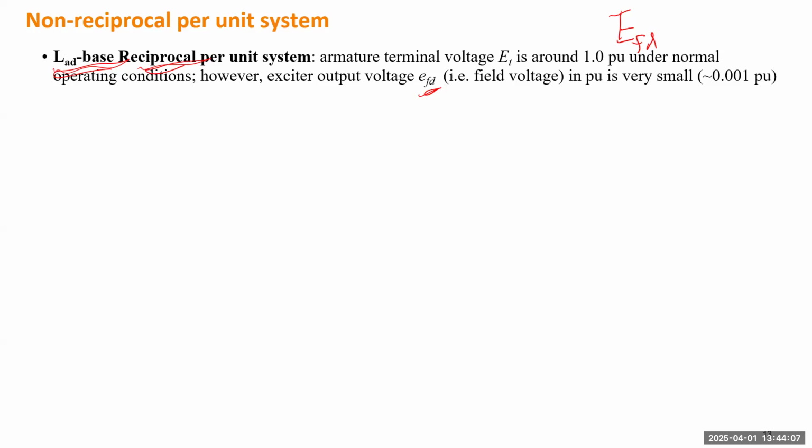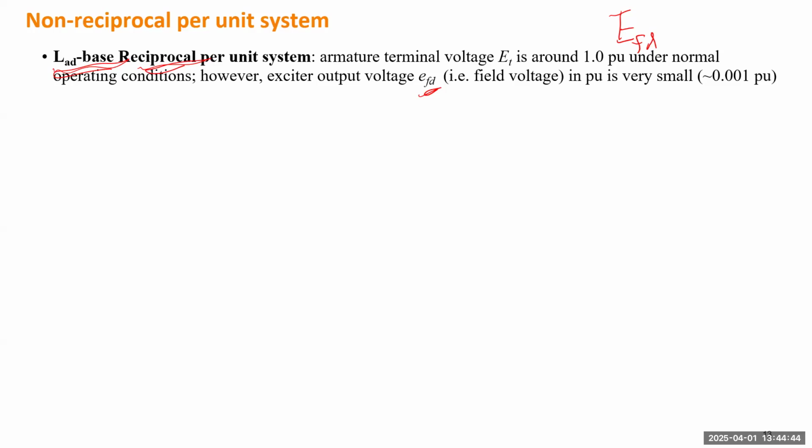But in that differential equation for the generator, the exciter output voltage, the lowercase EFD, will be very small, around 0.001 per unit. You may think that's not a big deal, right? You can just multiply it by some number. But when you simulate a lot of generators using a computer, each computer has some precision level, which means when you get close to that level, the accuracy will decrease and the error will increase.